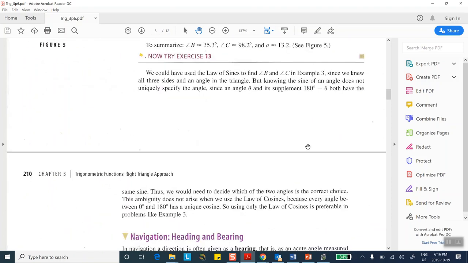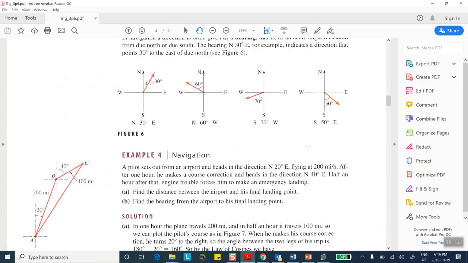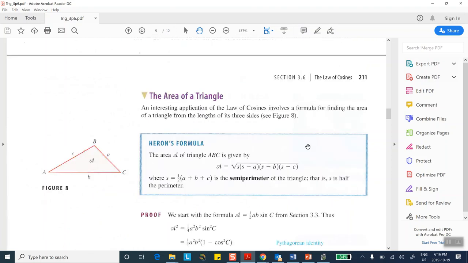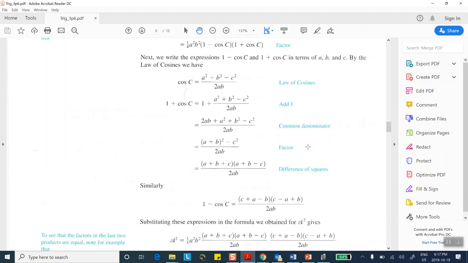Law of cosine. Right, there is a formula for area.